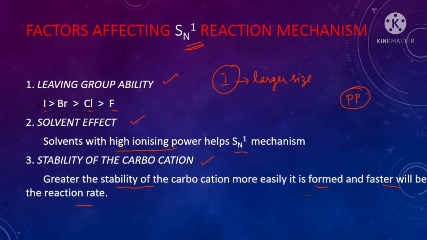So the stability of the carbocation also plays a vital role. The tertiary carbocation will be formed fastest. Next comes the secondary carbocation, and next will be the primary carbocation. This is the reason why the tertiary alkyl halides undergo the reaction fast. Next comes the secondary alkyl halides, and next comes the primary alkyl halides.